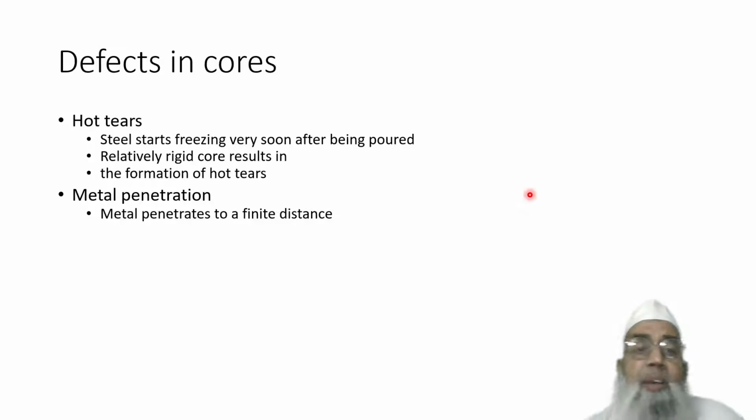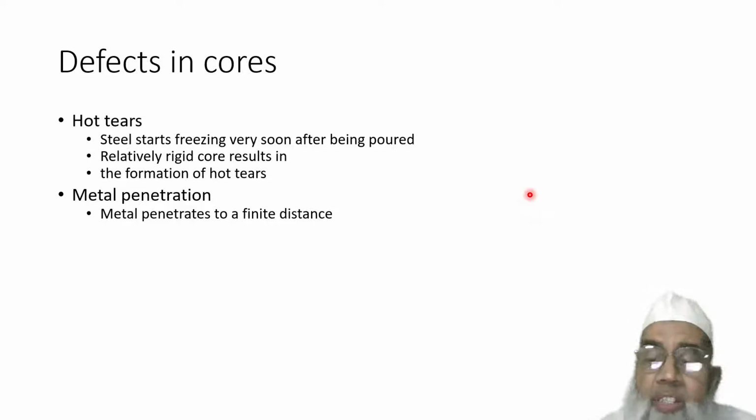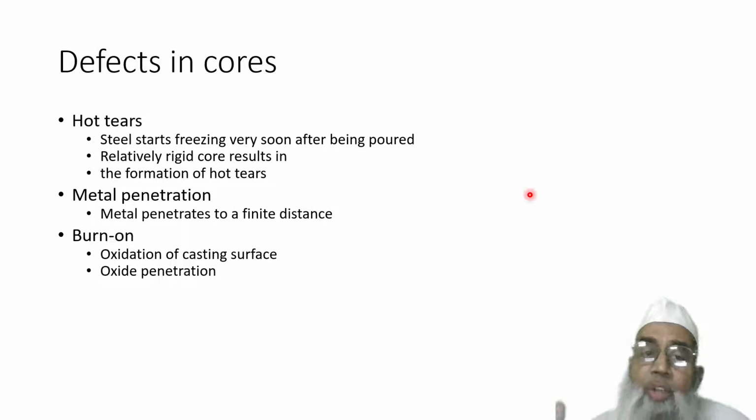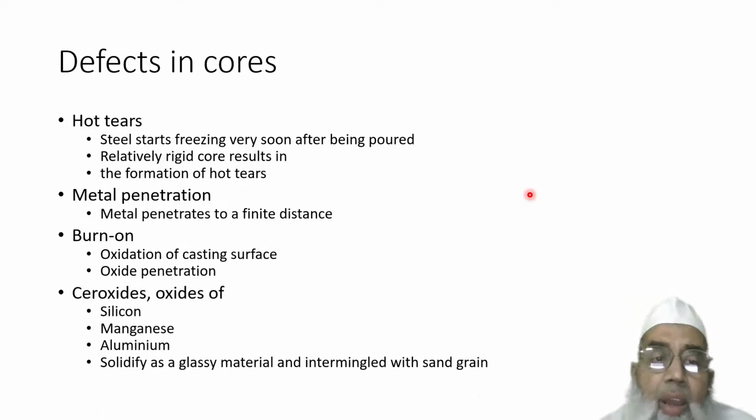Not only this, metal penetration into the core will also take place to a finite distance, and the hot metal will react with the surface of the core and oxidize the surface, and also the metal will penetrate into the oxides, and the oxides may be those of the elements of the core sand: silicon, magnesium, aluminum.